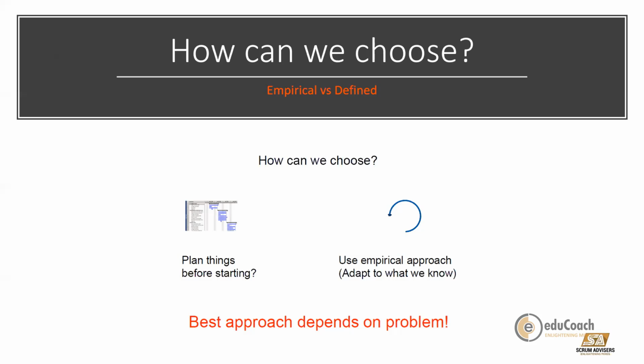It's not to say that one is evil or one is not, but the approach depends on the problem that we need to solve. So how can we choose whether to plan things before starting or use the empirical approach, which is to adapt to what we know? And as I just said, the best approach depends on the problem.